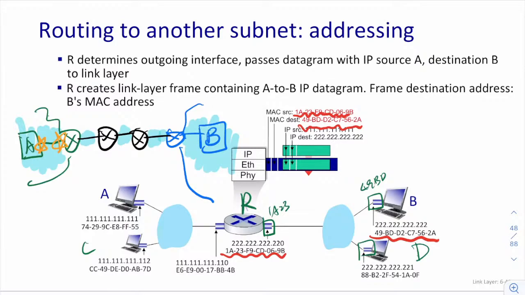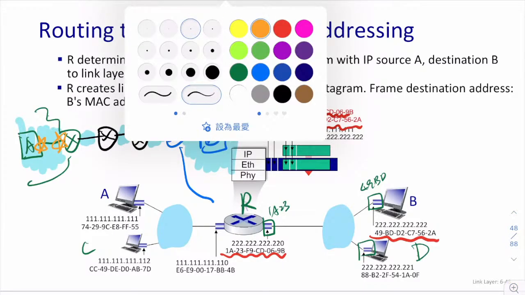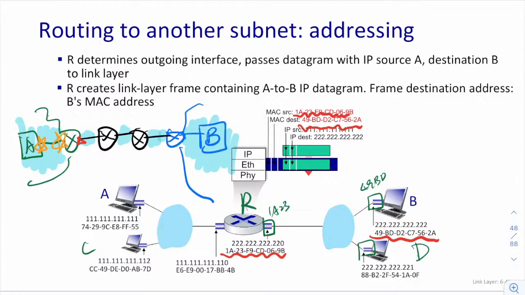But when the router does routing, it actually changes the source MAC address and destination MAC address of the frame. Again, when doing routing, they change every time it does the route.